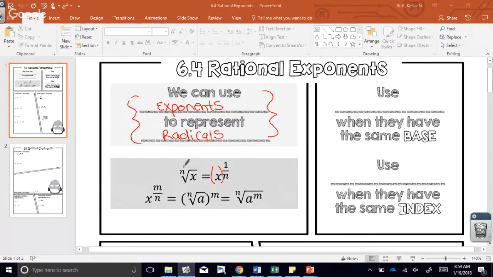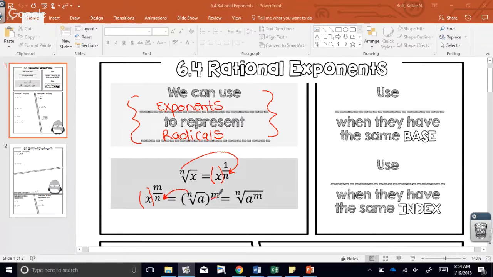If I wanted to write the nth root of x, the index becomes the denominator of this fraction, of a fractional exponent. So similarly, if I have x to the m over n, now we just have another number other than 1. Now I wanted to rewrite it, the index becomes the denominator of a fraction.